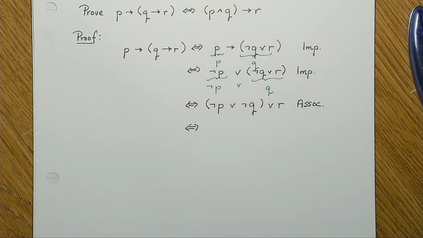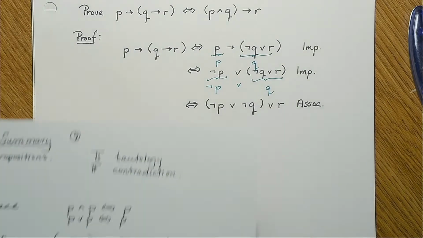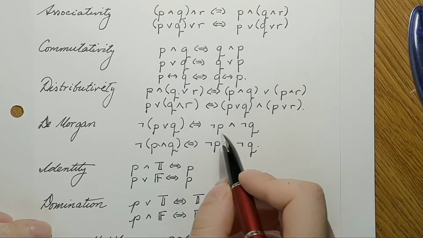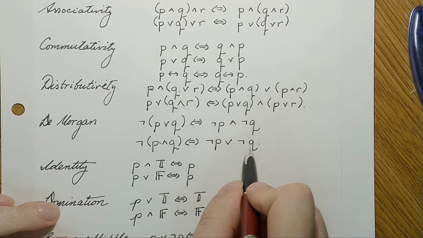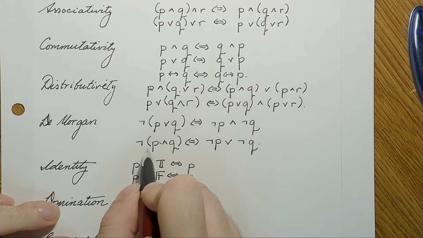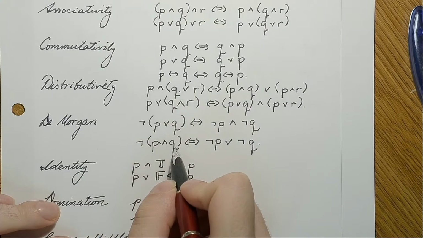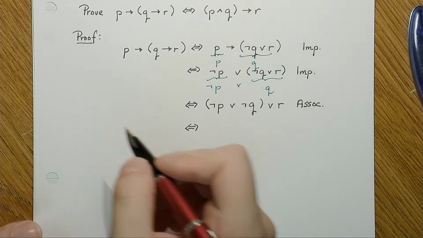So going back to our rules, I have De Morgan over here, which is not P or not Q, and that's logically equivalent to not P and Q. So let me just put that.